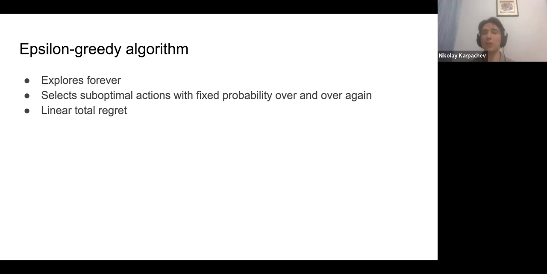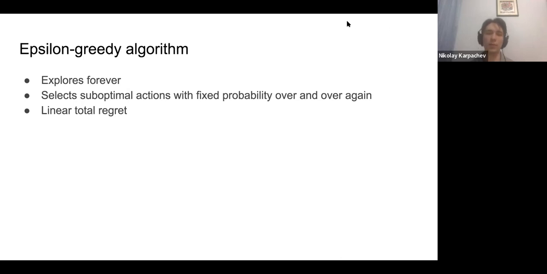So epsilon greedy also has linear total regret, and well, that's because with some probability we'll always select random actions, and with this probability we always lose compared to the ideal action.